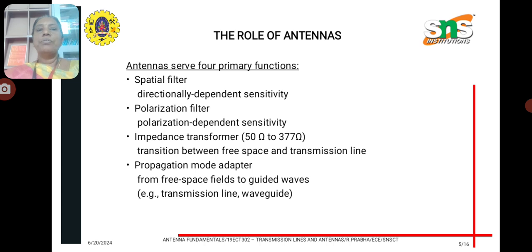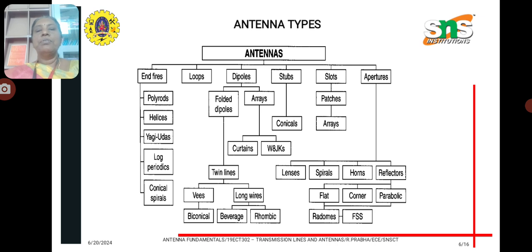As for the role of antennas, there are many functions performed by the antenna. It can be used as a spatial filter, polarization filter, impedance transformer, and a propagation mode adapter. If we come to antenna types, there are several types of antenna based on the variety of components.